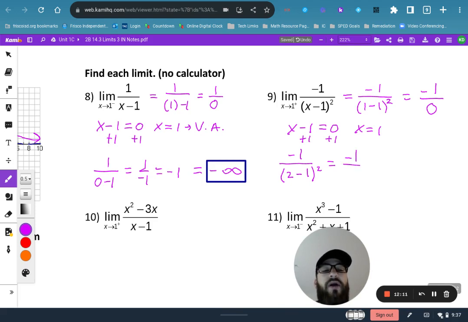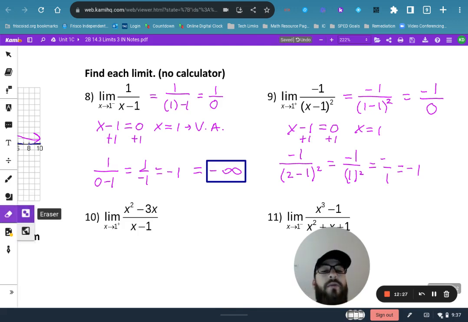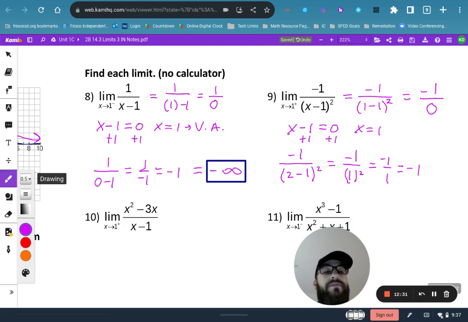So negative 1 over 1 squared. 1 squared is just 1. So once again, negative 1 over 1, which is equal to negative 1. And so once again, I got negative 1, which means once again, I'm going to be approaching negative infinity.